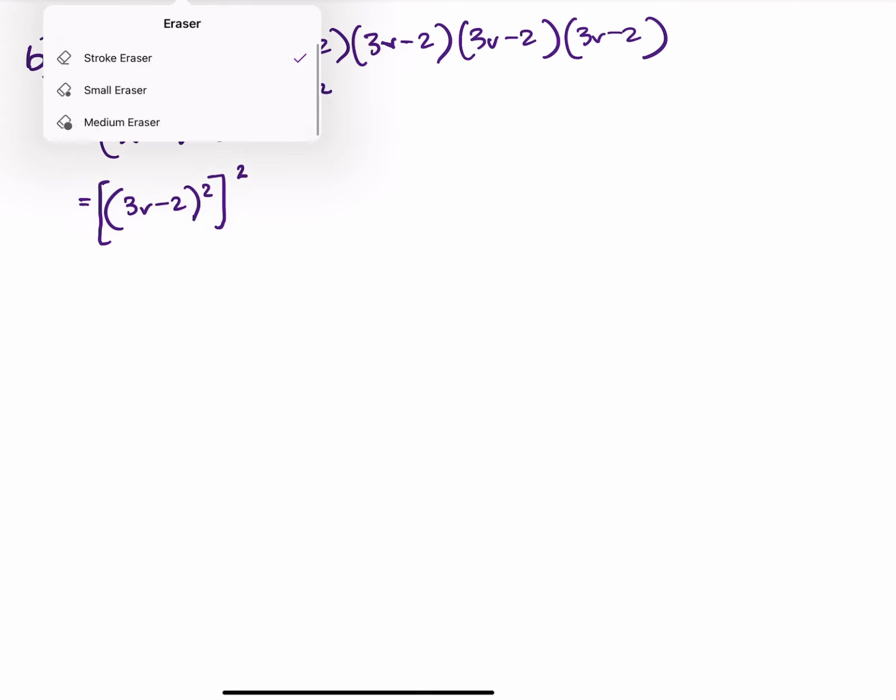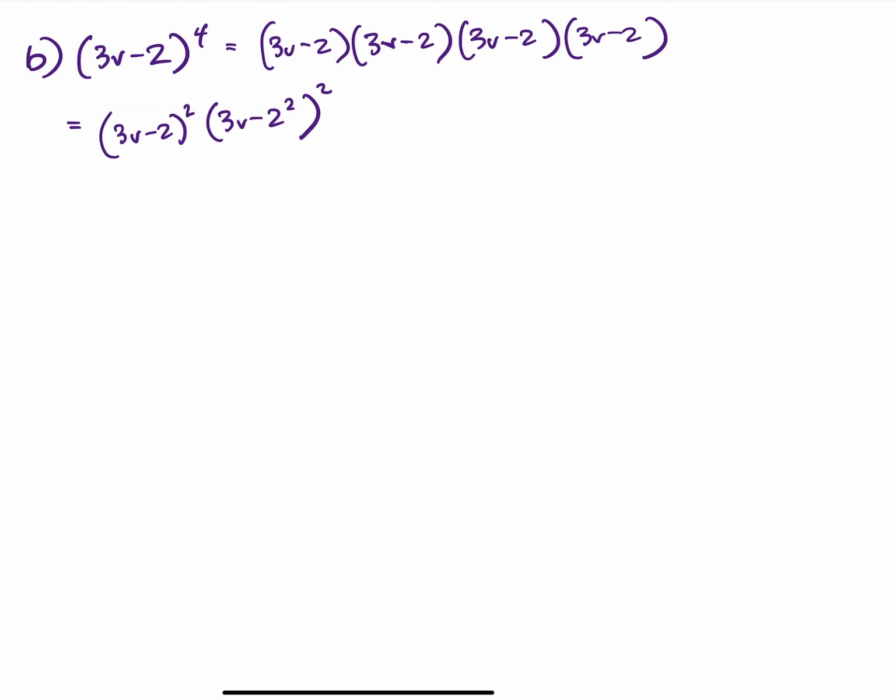Let's take maybe this middle way, 3v minus 2 squared. We got 2 sets of these. Let's try just expanding one. I mean, we'll get the same thing for both of them. We'll basically get 2 copies. So applying our pattern, in our first set of parentheses, we would have our first term squared, 3v itself squared.